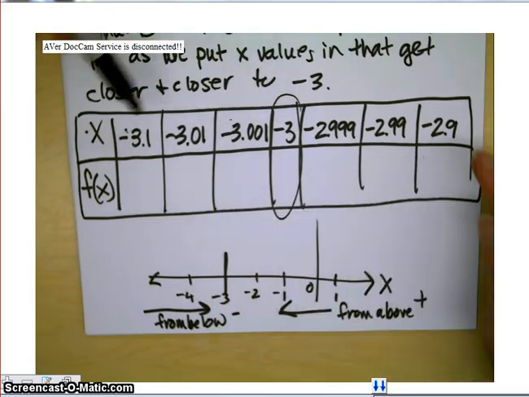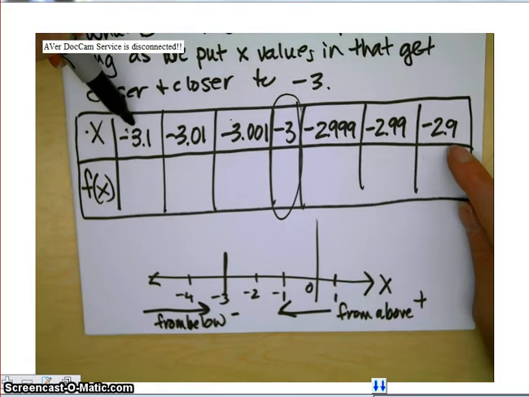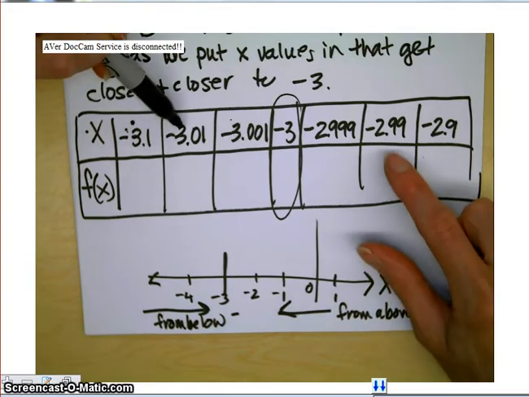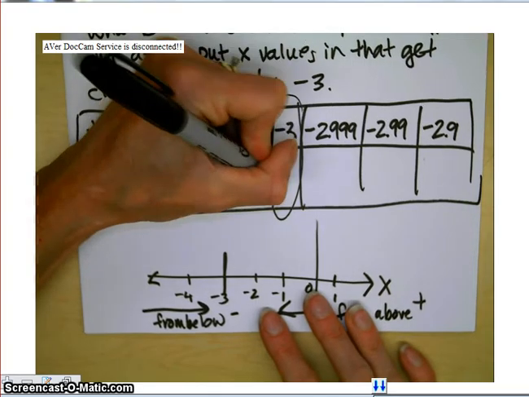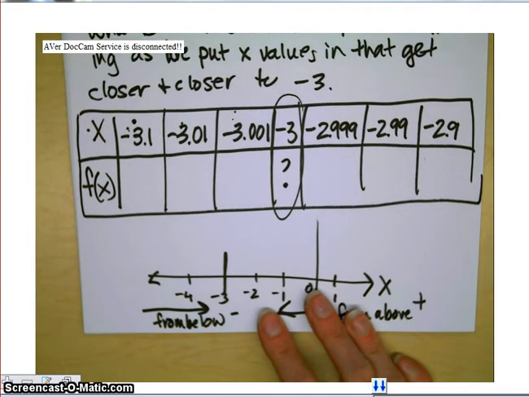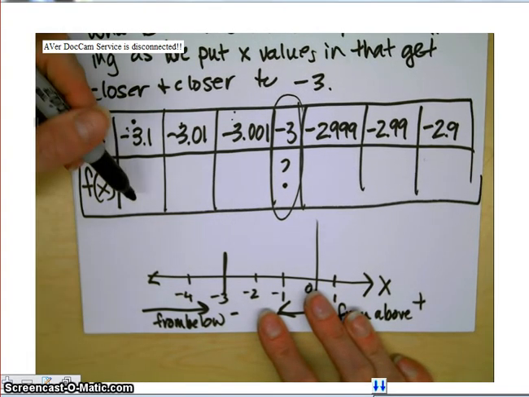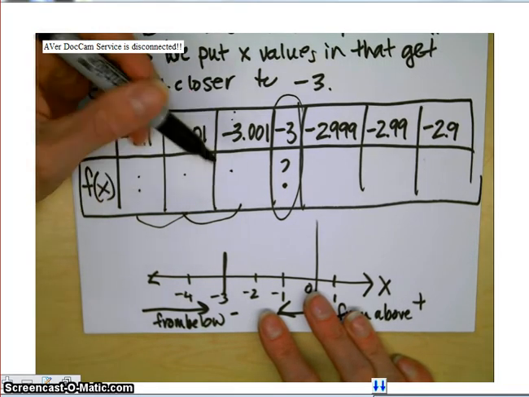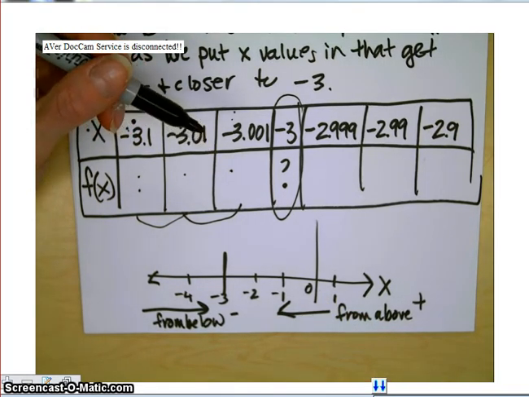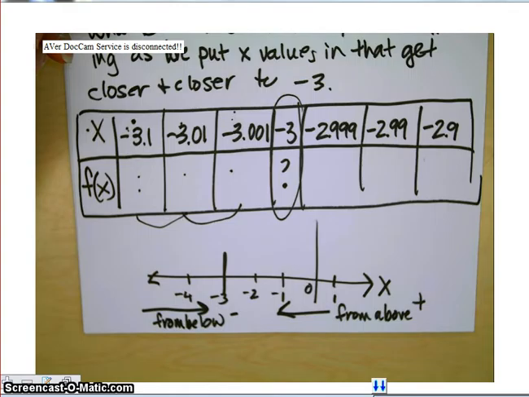And I put numbers starting, aren't these two the farthest away? And then I just get closer and closer. So we want to look at the key to figuring out our answer, because we aren't going to know that. The key to figuring out our answer is looking at the progression of what is happening to these numbers progressively.